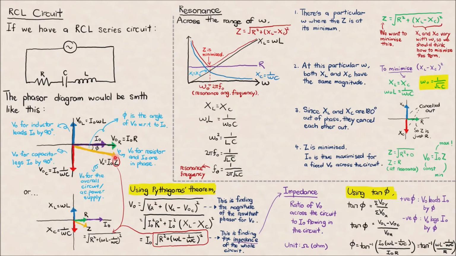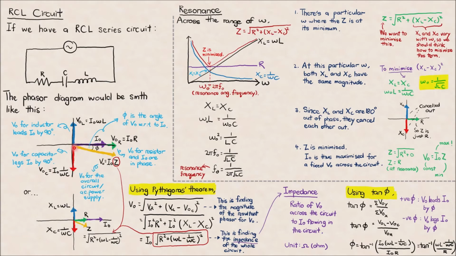So you can see that the x component of this yellow arrow is fully contributed by the voltage of the resistance, whereas the vertical component, in this case going downwards, is contributed by this blue phasor and the red phasor.